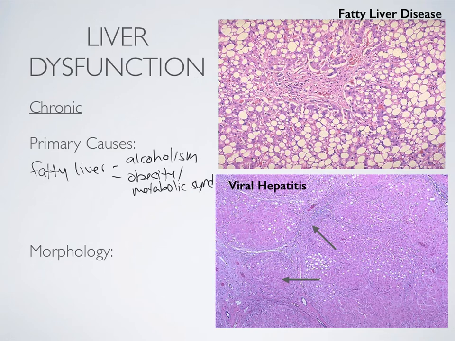Other causes that are a little bit less common: you can still get viral hepatitis, any kind of cholestasis, which is blockage of the bile ducts, and then you can also have chronic drug or chronic toxicity.